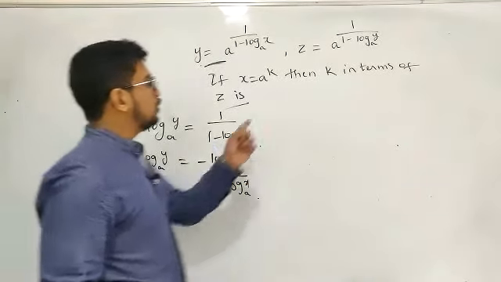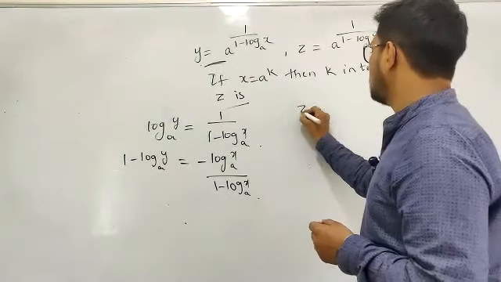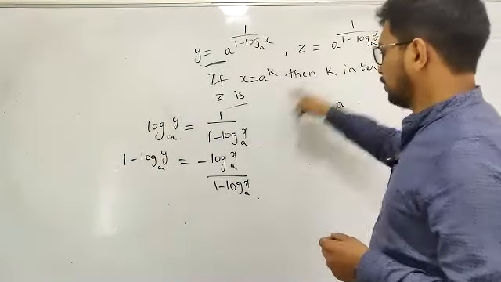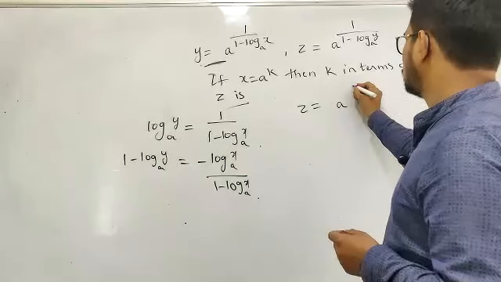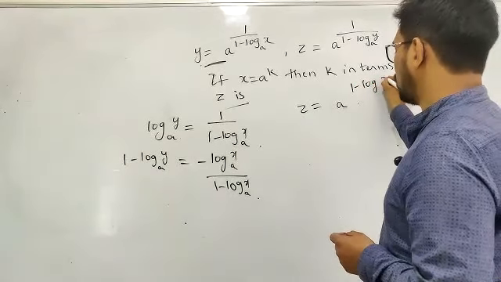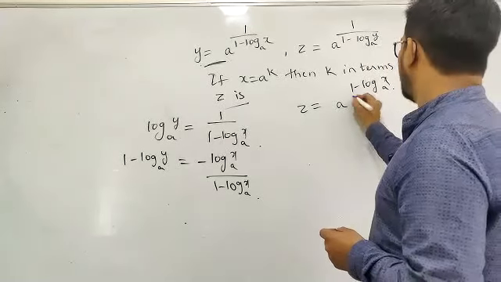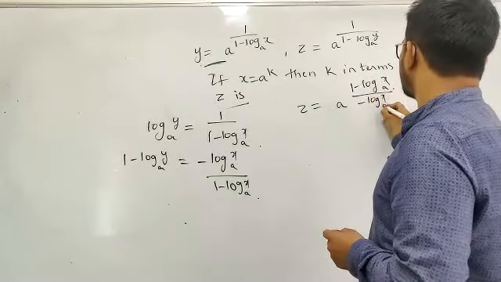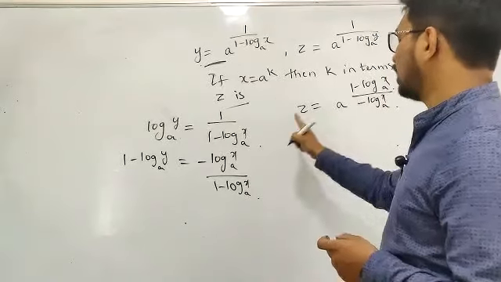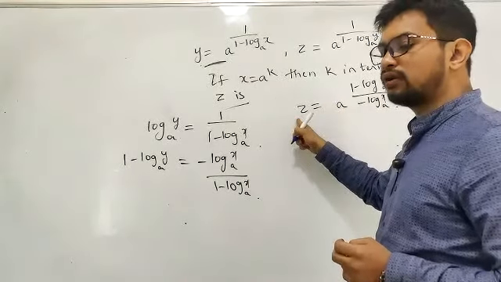So from that you will be getting z is equal to a power 1 by this, which becomes 1 minus log x to the base a by minus log x to the base a. Now this is an exponential form; again convert it to the logarithmic form.